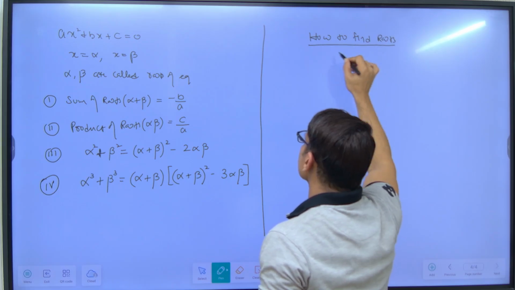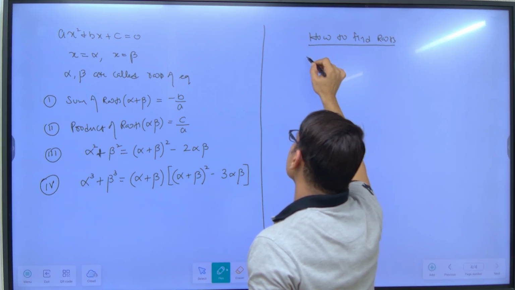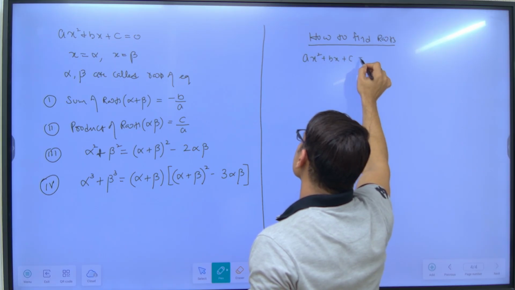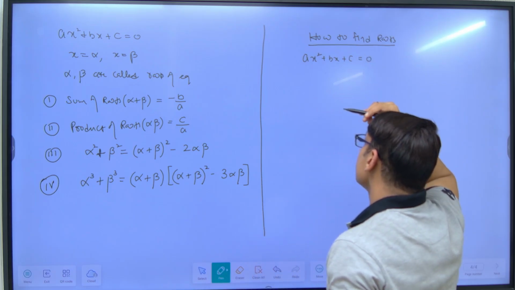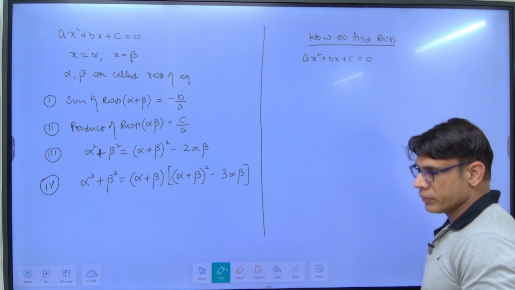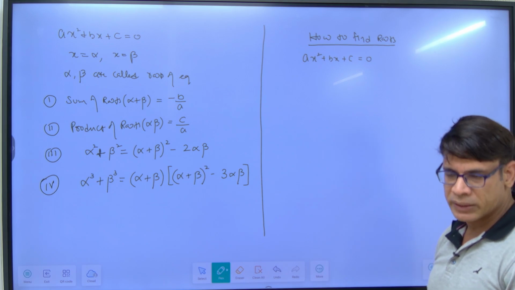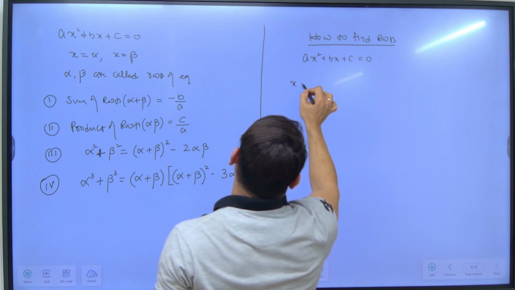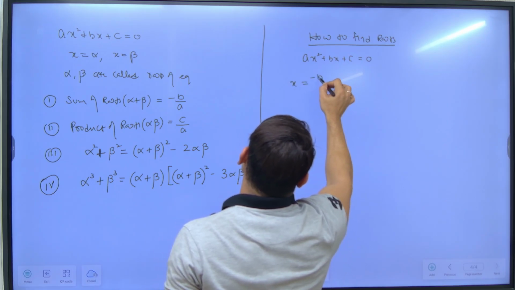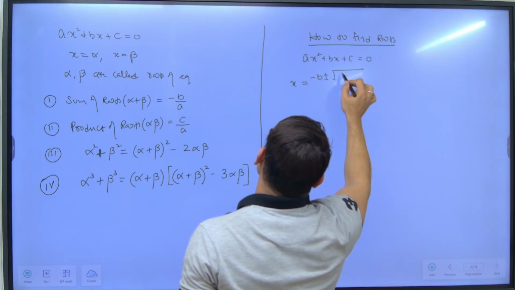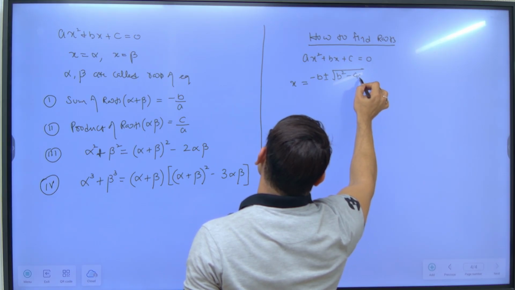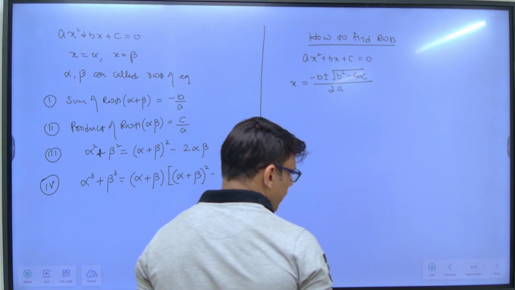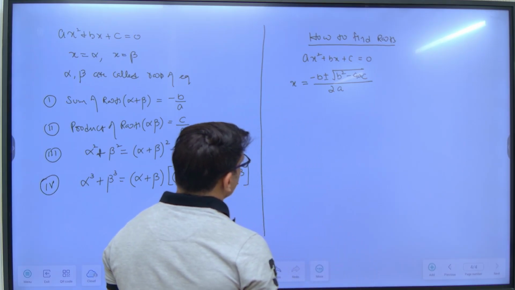To find the roots of the quadratic equation ax square plus bx plus c is equal to 0, we can either factorize it, which is something you have learned in 10th standard, or directly use the formula. The formula is x is equal to minus b plus minus under root of b square minus 4ac upon 2a. This is the formula which we have to use.